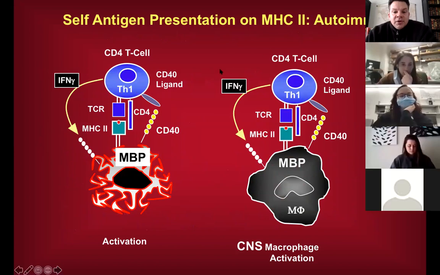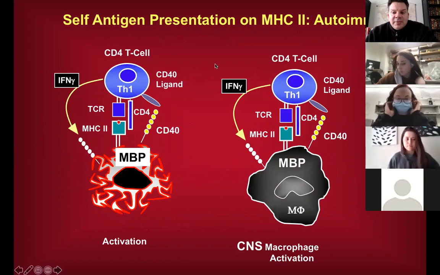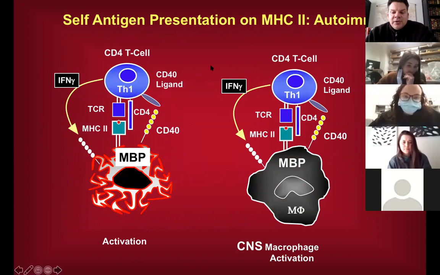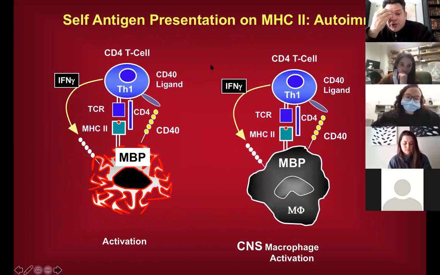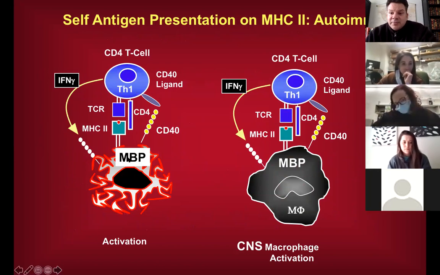Okay, so here's an example of when microglia and CNS macrophages likely present antigen, and this would be self-antigen. So this would be kind of building off what Hickey and Kimura showed: if you have self-antigen, this would be against myelin basic protein. So presumably at some point, the microglia and the CNS macrophages get access to this protein.